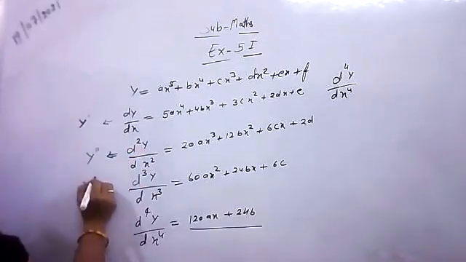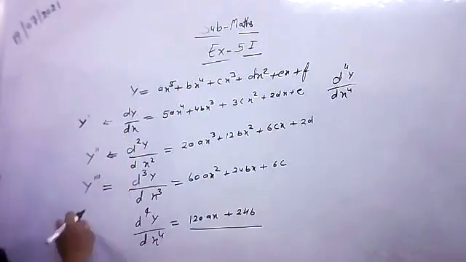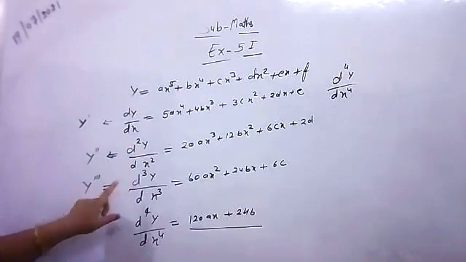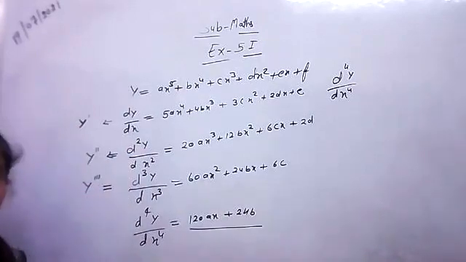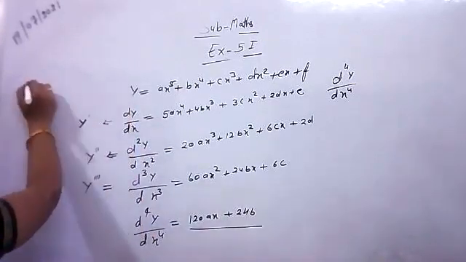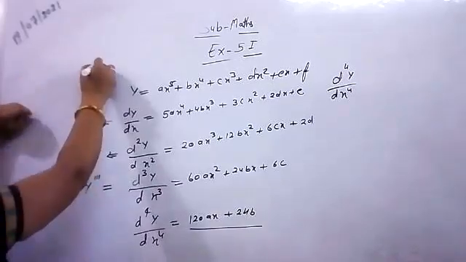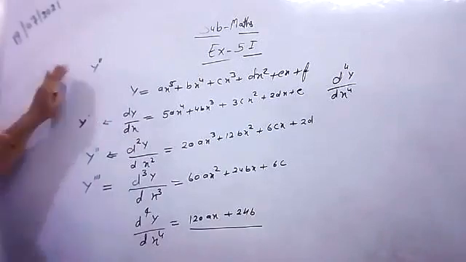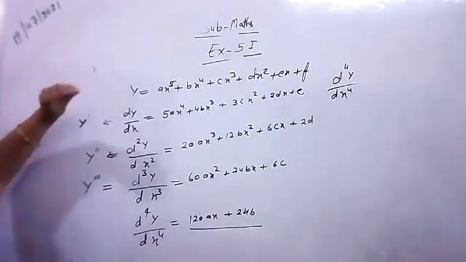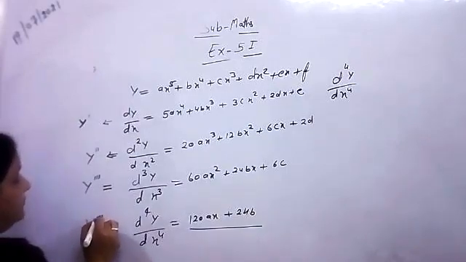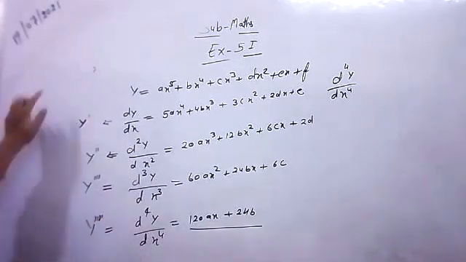If I write y triple dash, that means this is differentiated three times. If I ask you to find the value of y double dash, that means we differentiate the given value two times, and y4 means four times.